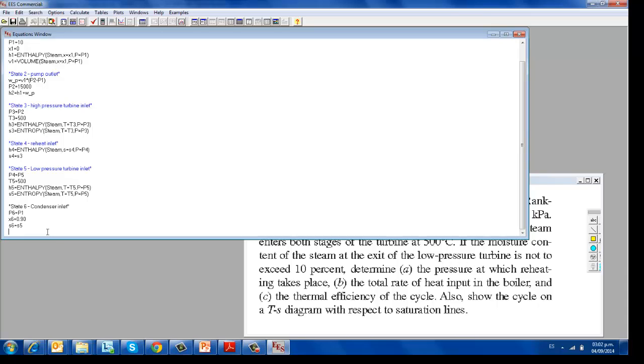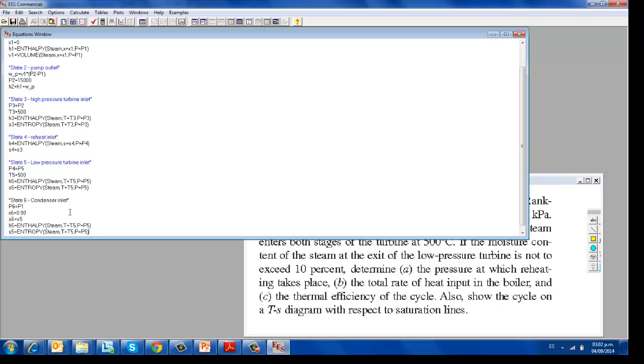Because now we can copy these two and say enthalpy 6. Let's say first with entropy, entropy 6. We know this number for sure, so this is x equals x6 and p equals p6.